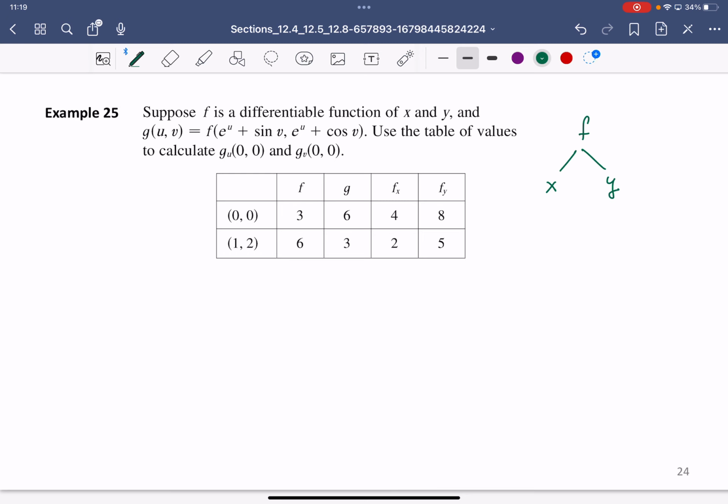I think this one is way outside the content that we're going to learn. This is another technique, where you define another variable and then use the chain rule. So we're going to skip this question because it's not our main target for the class. For the class we are not going to do questions like this.